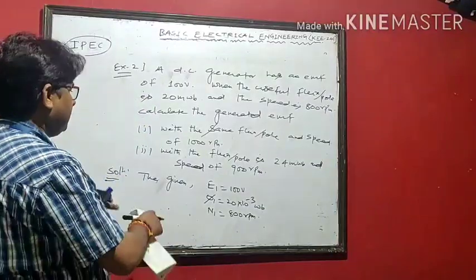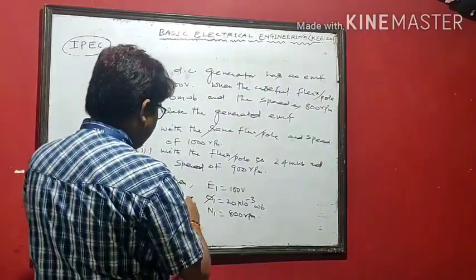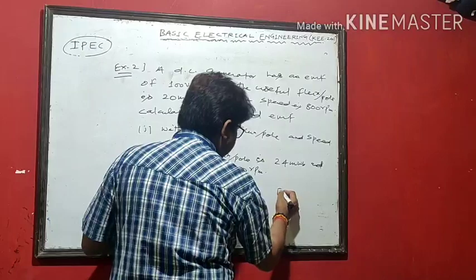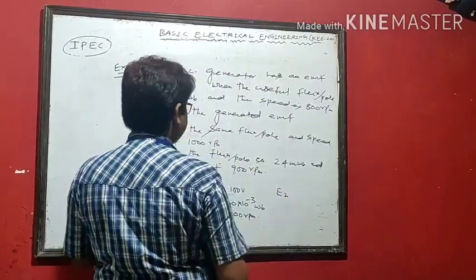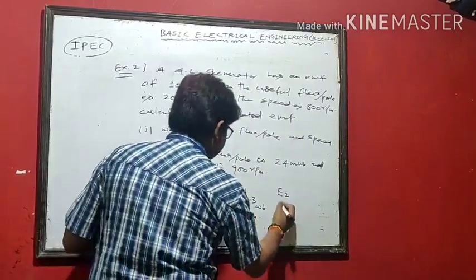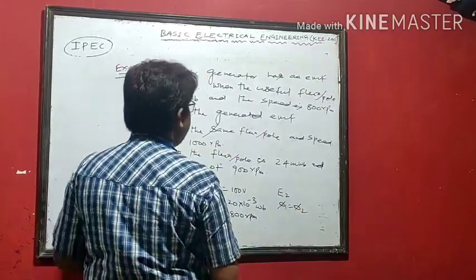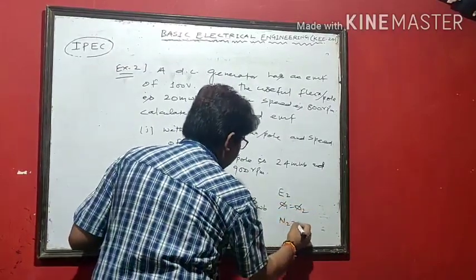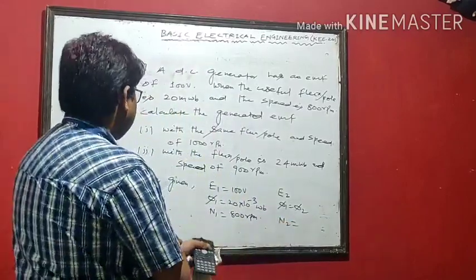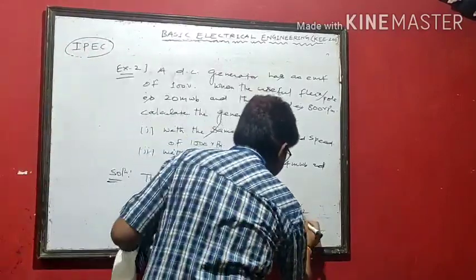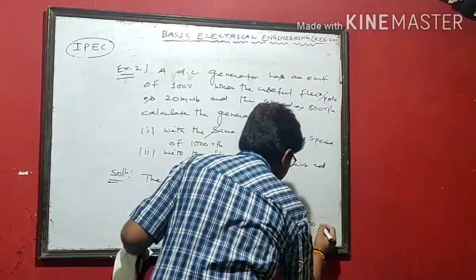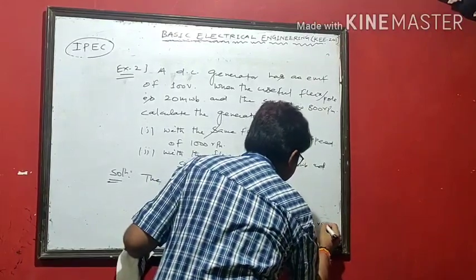Case first: what is the value of E2 when phi1 equal to phi2 and speed N2 equal to 1000 rpm?